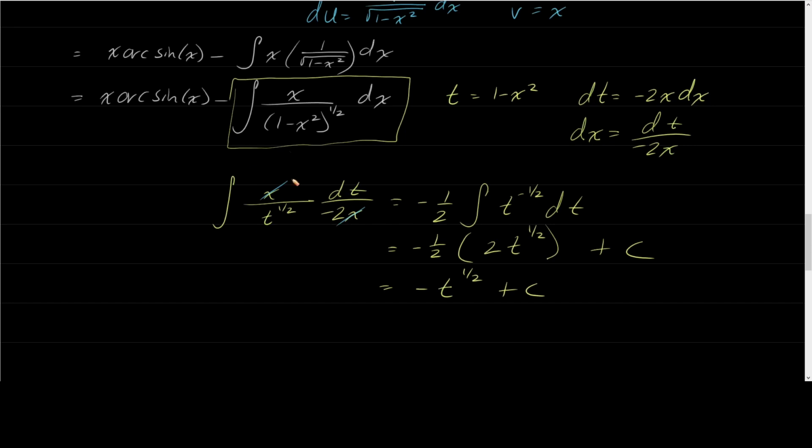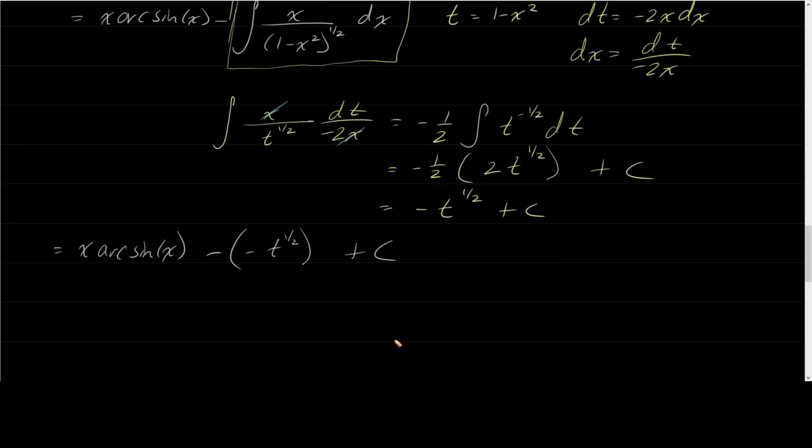But that was just this integral, right? What I circled in yellow. We still have everything else here on the outside. So my final thing that I can say here is that this is x times arcsine of x minus this integral. But this integral we found to be negative t to the 1/2 plus c.